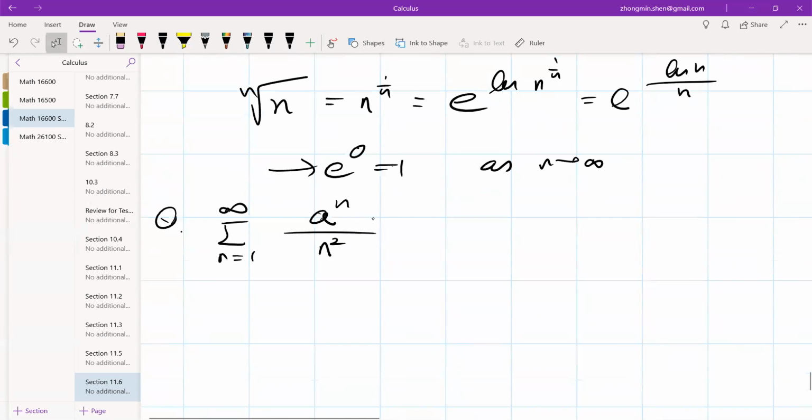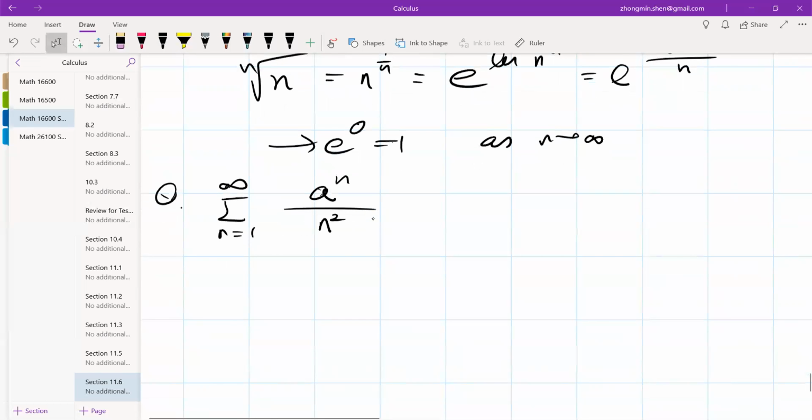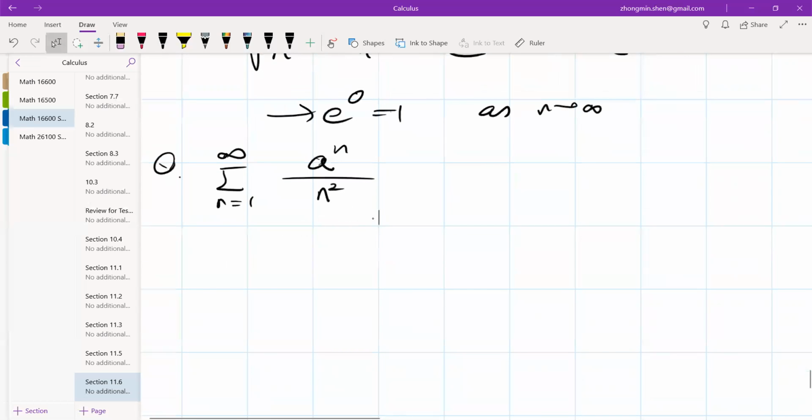Okay, this is a good example. Can you use the ratio test? Yes. Can you use the root test? Yes, we can also use the root test to look at it.